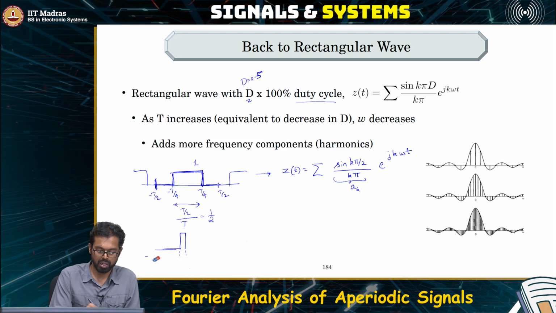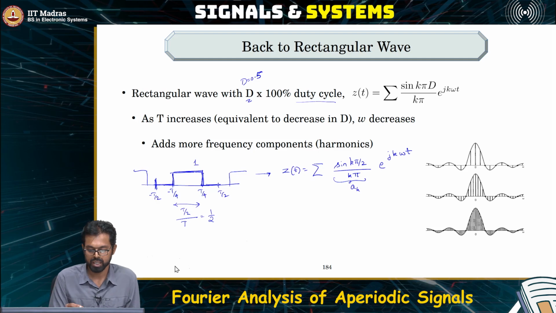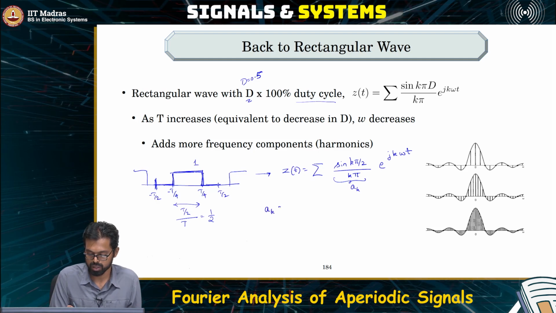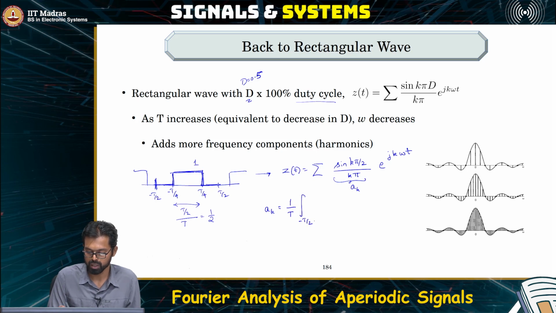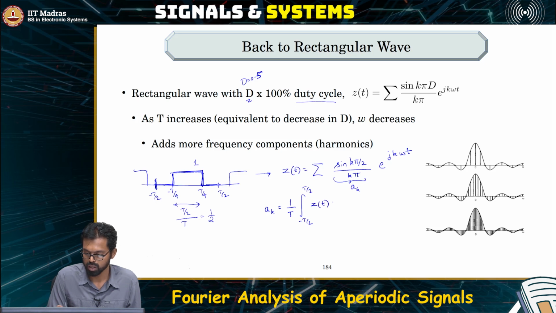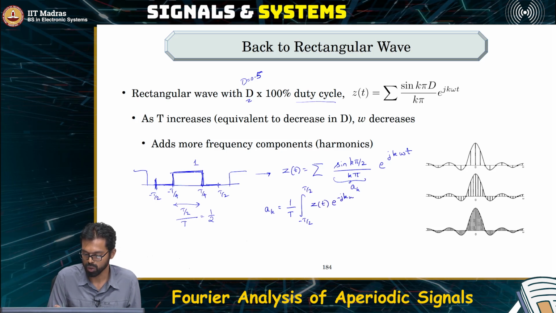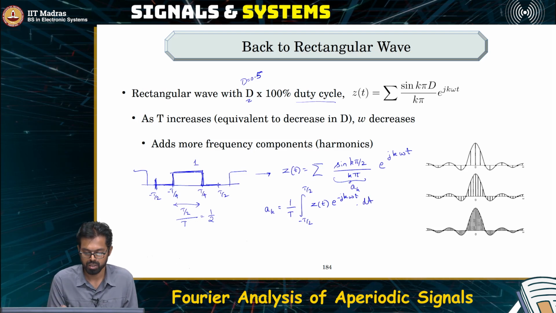Now if you compute that, it is not very difficult to compute. What changes is the computation of the Fourier series coefficient. We had 1 by T integral from minus T by 2 to plus T by 2 of x(t) e power minus j k omega t dt, right? So the only thing that changes here is the limit.